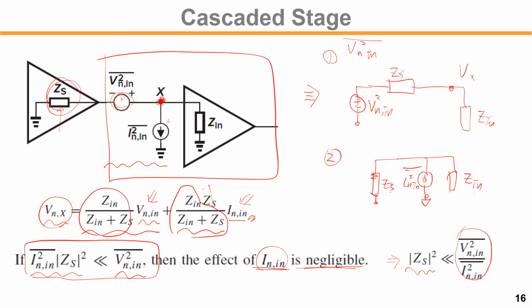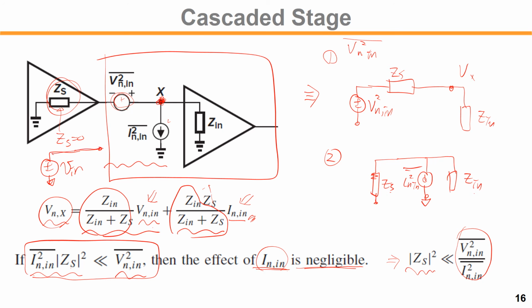So what would be the case? That would be the case where, let's say, GS is equal to 0. For example, your driver is an ideal driver. It has an ideal voltage source. Then we can ignore the input reference noise current, right?